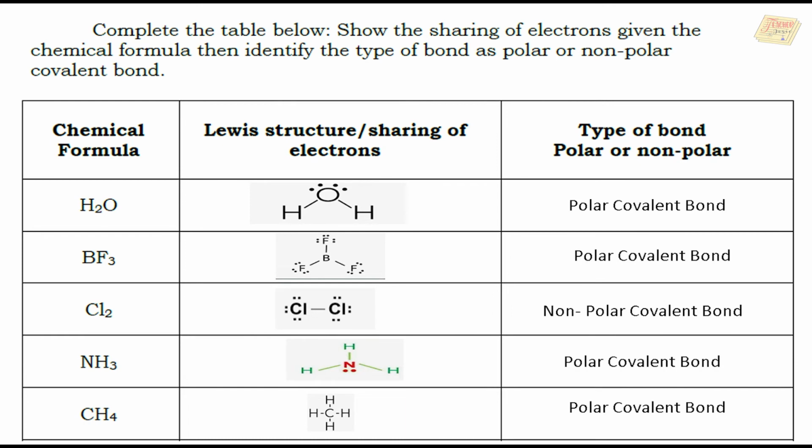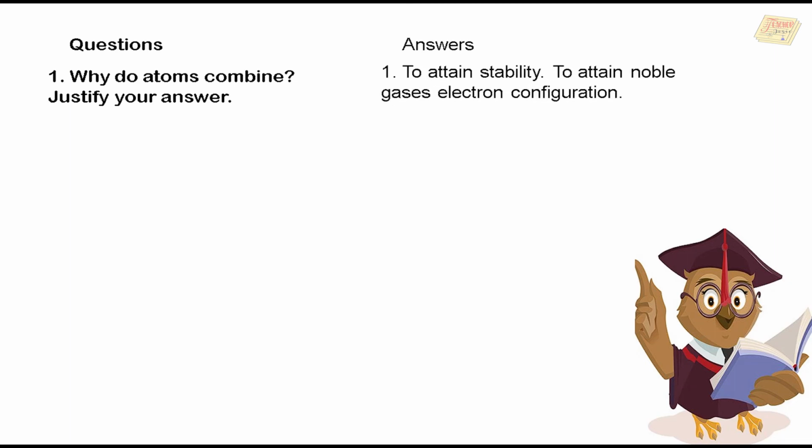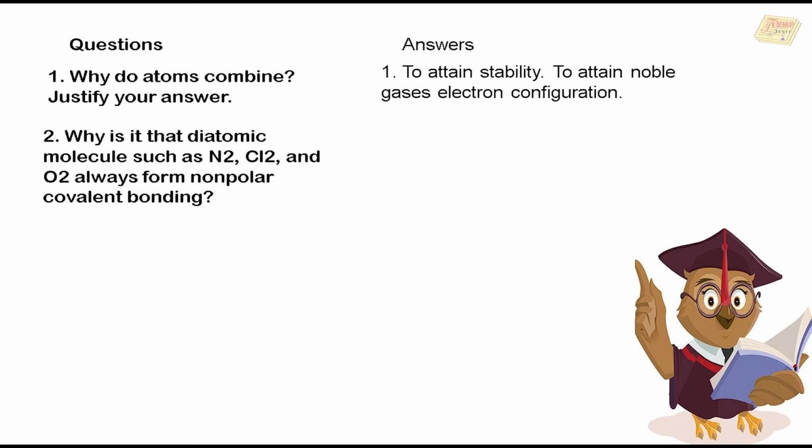Now let's answer the following questions. Why do atoms combine? Justify your answer. Atoms combine to attain stability, to attain noble gas electron configuration. Why is it that diatomic molecules such as nitrogen gas, chlorine gas, and oxygen gas always form non-polar covalent bonding?